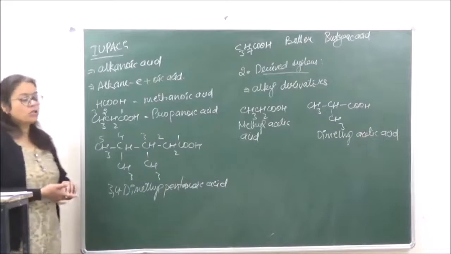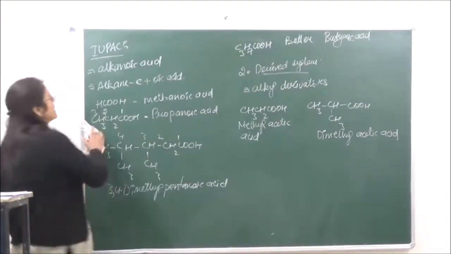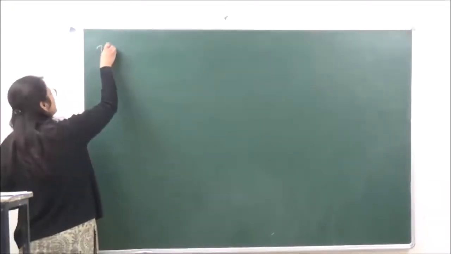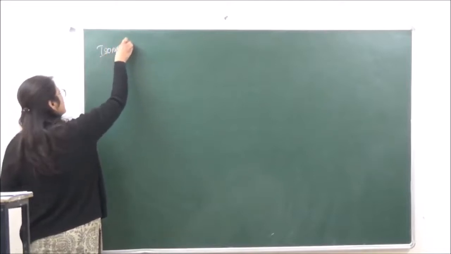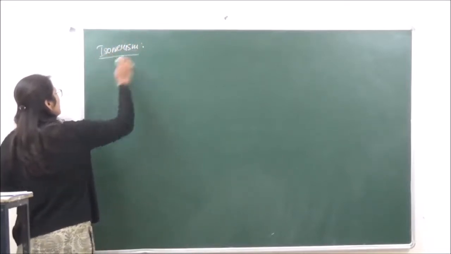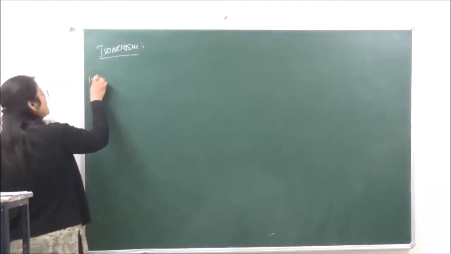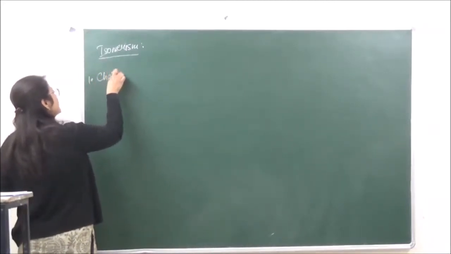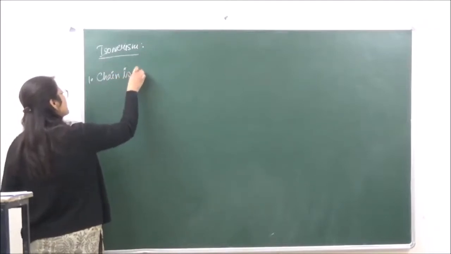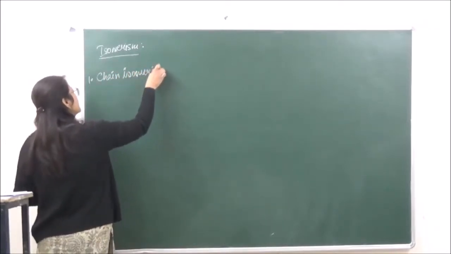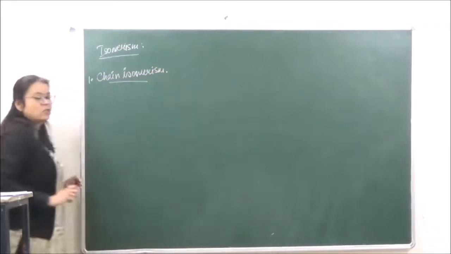Then next we go on to the isomerism in carboxylic acids. The first type of isomerism which we have is chain isomerism.